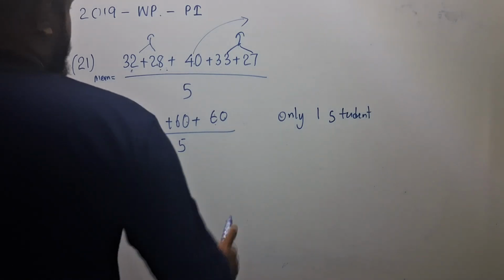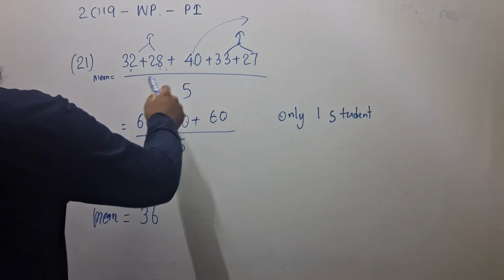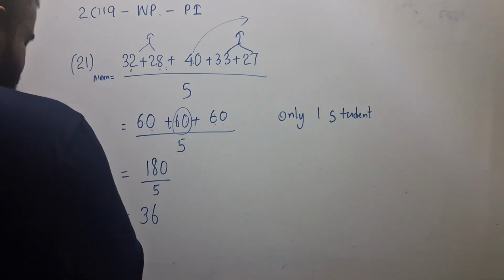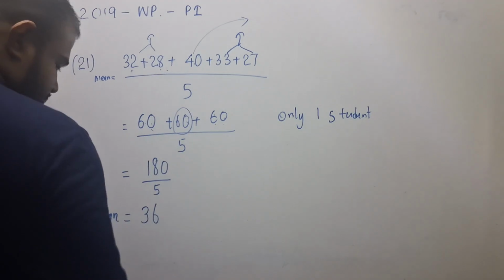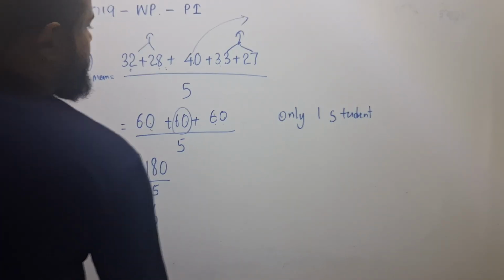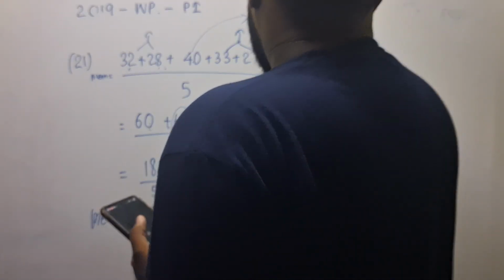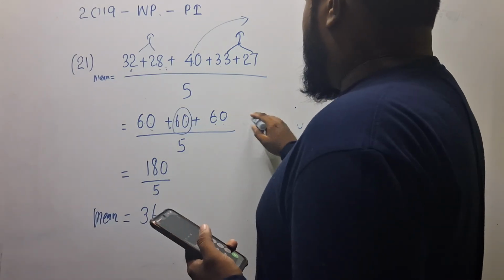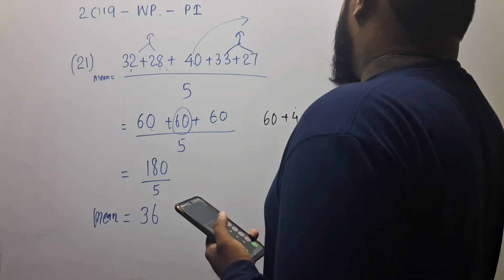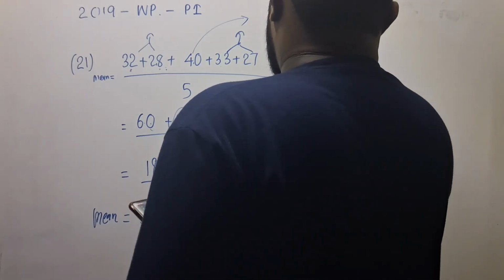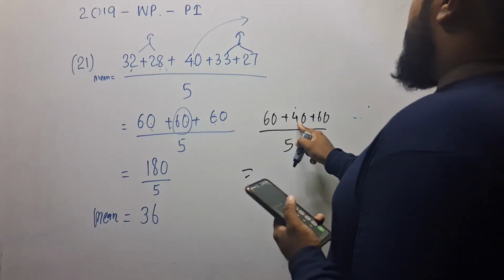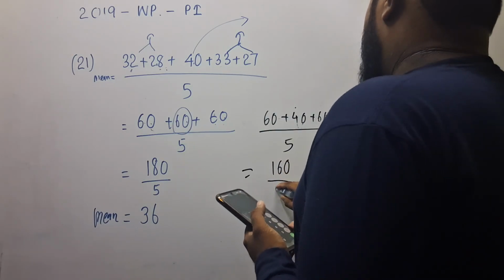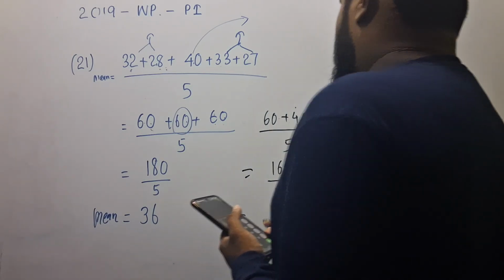Now this is the case. Here, because these two are 60, I have put 40 mistakenly. Okay. So this is the answer. 60 plus 40 plus 60, divided by 5. 60 plus 40 is 100, plus 60 is 160. 160 divided by 5 will give you 32.